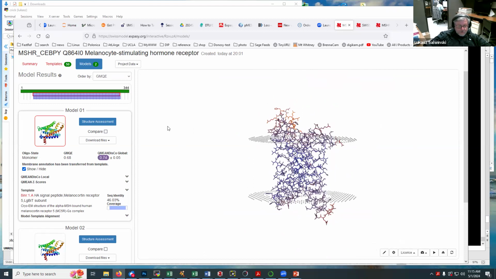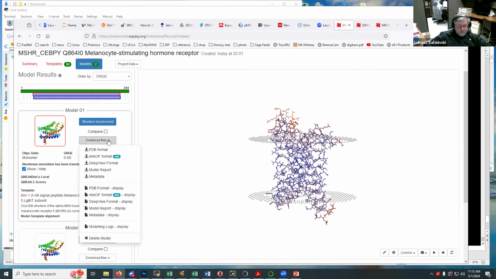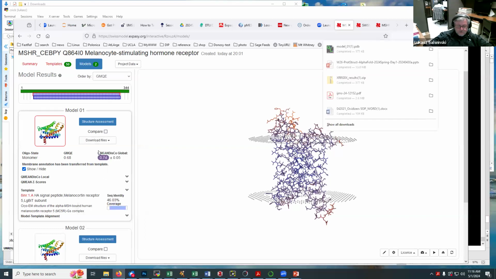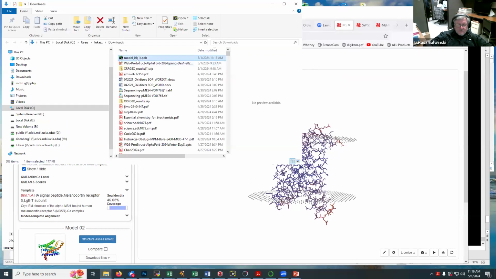Once we're happy with one of the models, we can always download the files, and I can download things as a PDB. Okay, so let's get this one. So here's my model one.